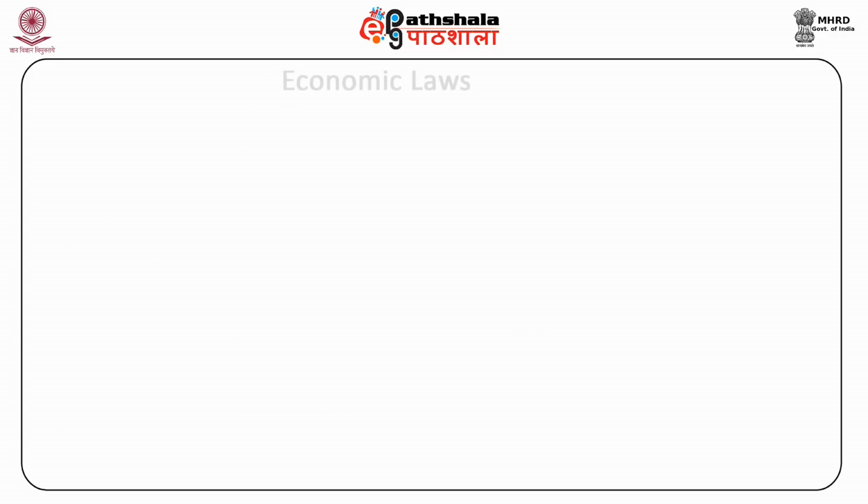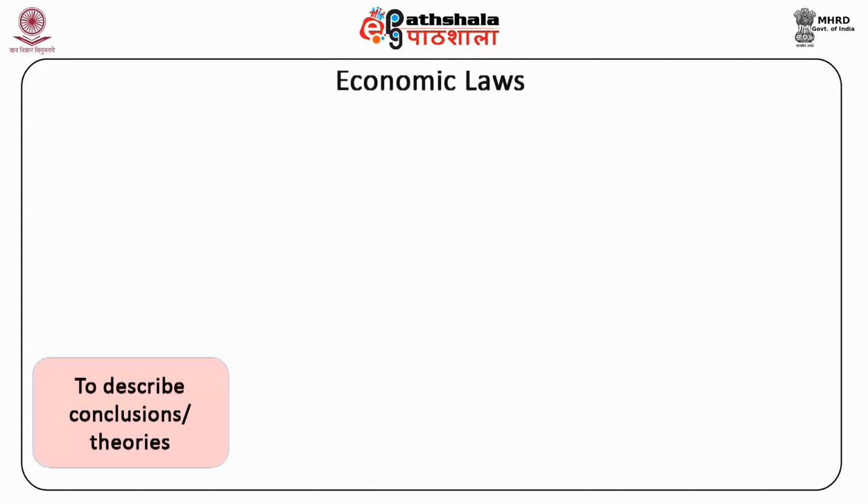We will now discuss the economic laws. Economists often use the term law to describe their conclusions or theories. Example, the law of demand, the law of diminishing marginal utility, the law of diminishing returns.